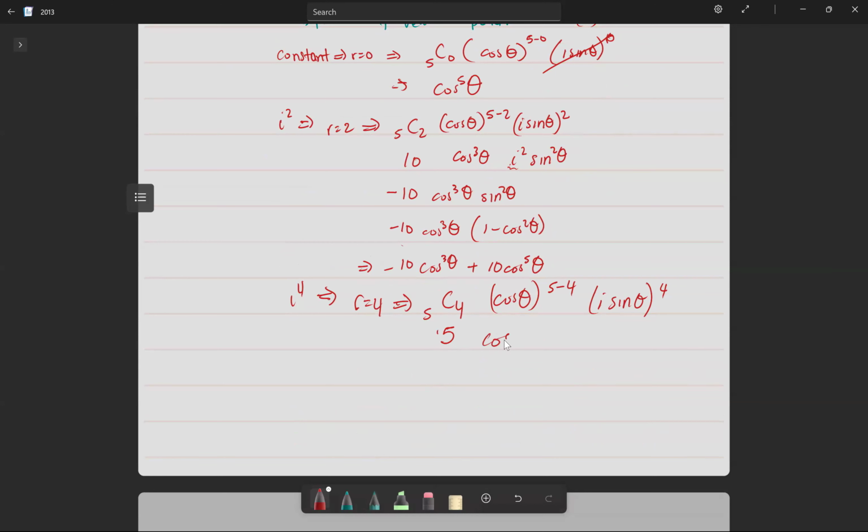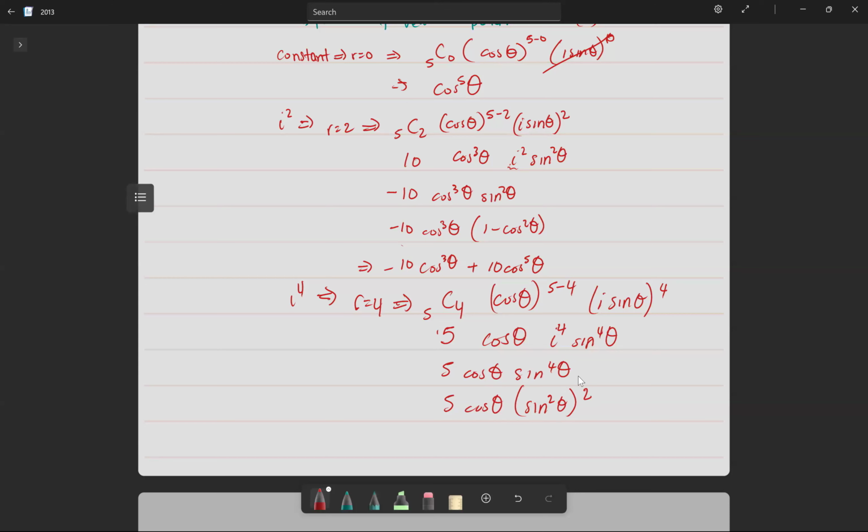This is cosine of theta. This is I to the 4th power sine to the 4th power. I to the 4th power is positive 1. So this becomes 5 cosine theta sine 4 theta.